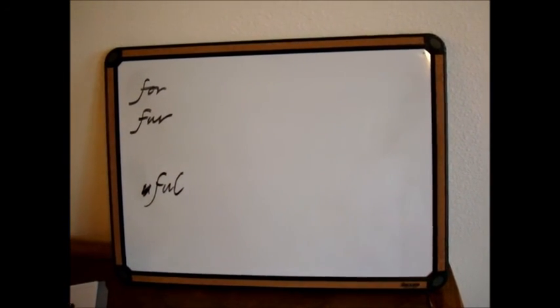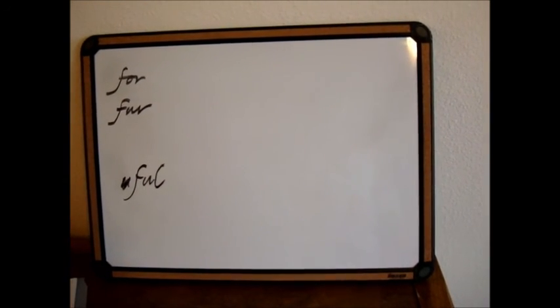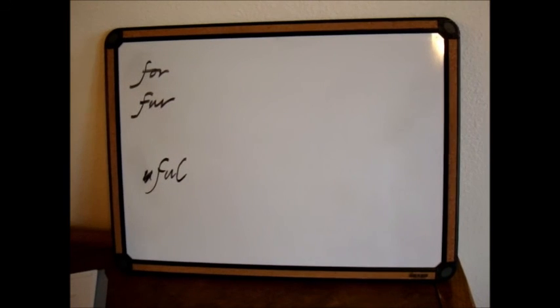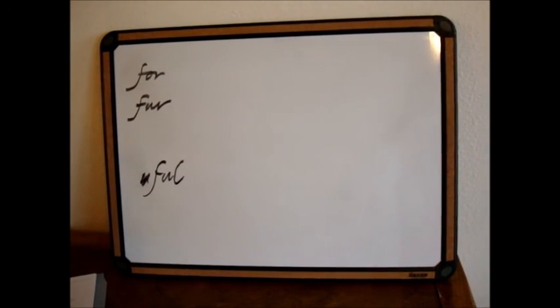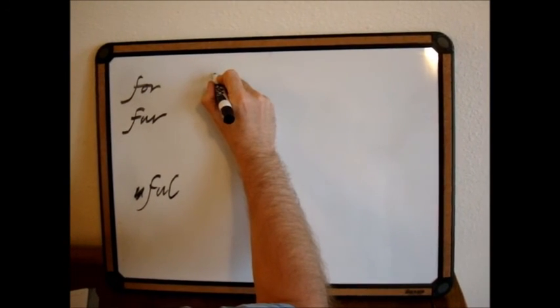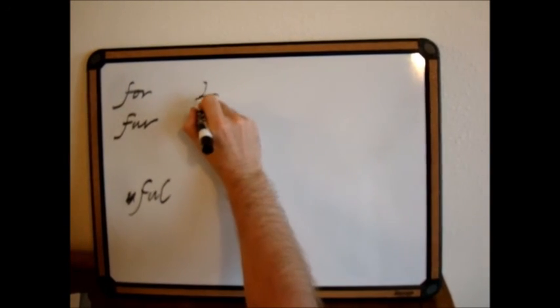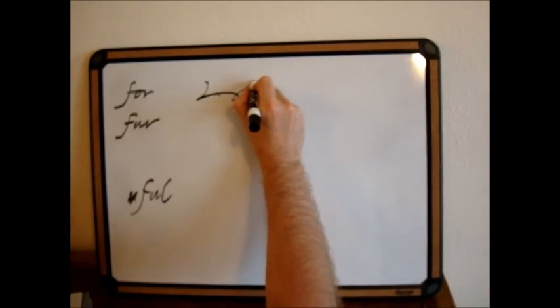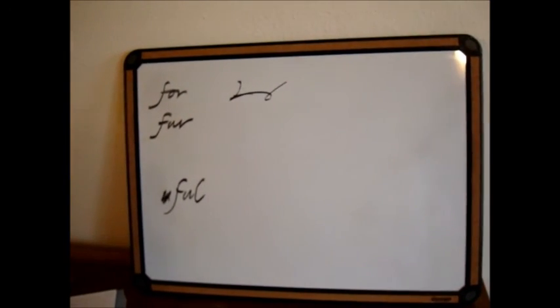Okay, next will be a couple of different ways of using for or fur in a prefix. Actually, it's one way of doing those two things. They're both abbreviated by the F. So, for instance, if you wanted forget, that's just F, and then G, forget.